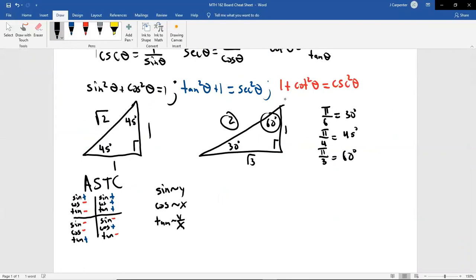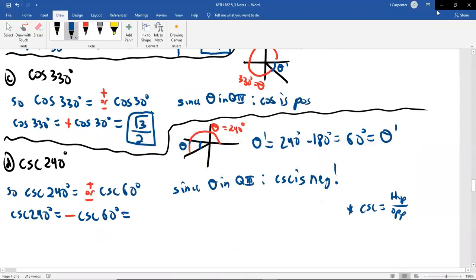That'll be 2 over square root of 3. So this will be negative. Negative 2, again, that was the hypotenuse, over the square root of 3, which was the opposite. The 1 was the adjacent in reference to 60 degrees.